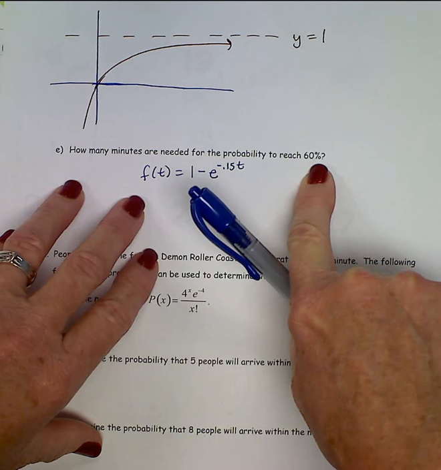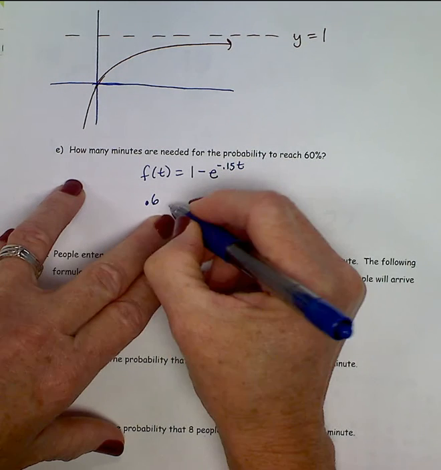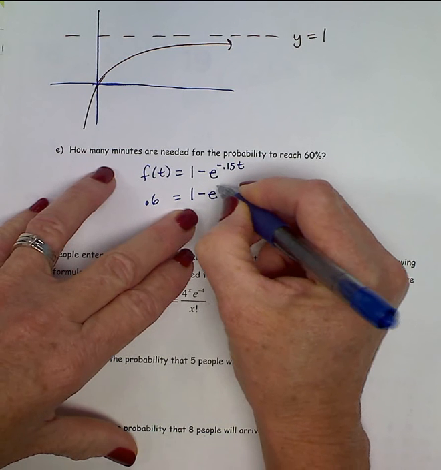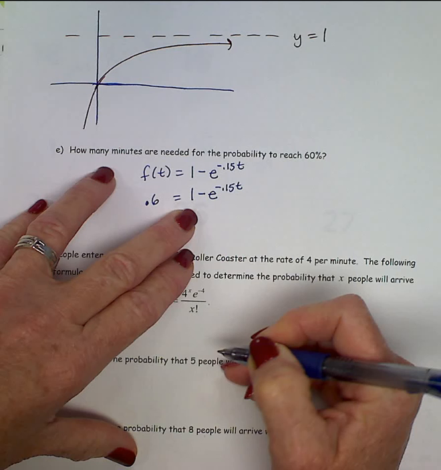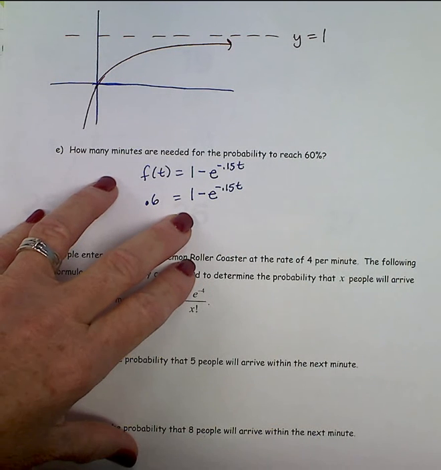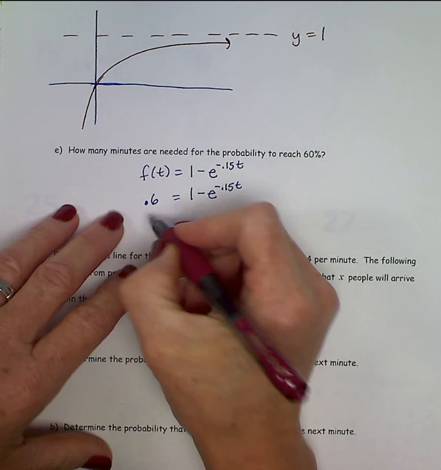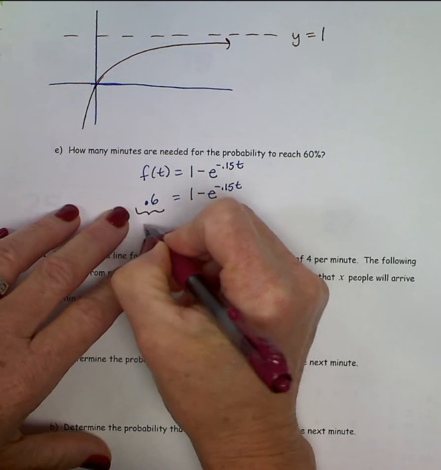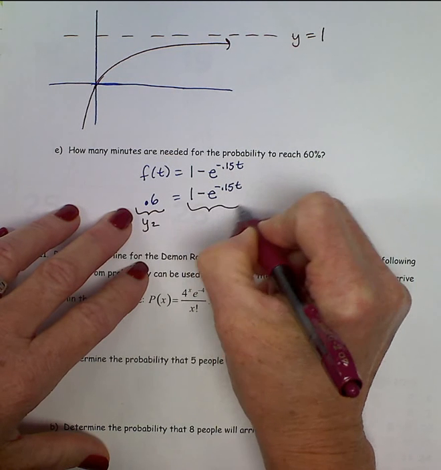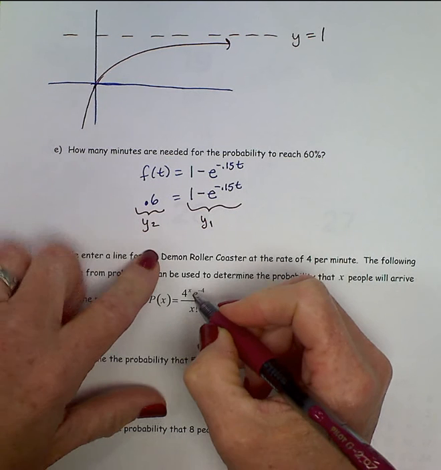So at 60%, 0.6 equals 1 minus e to the negative 0.15 t. Right now you do not know how to solve this algebraically. You are going to have to do this on your calculator. To do this, put that in y2. You already have this in y1, and then look for an intersection.